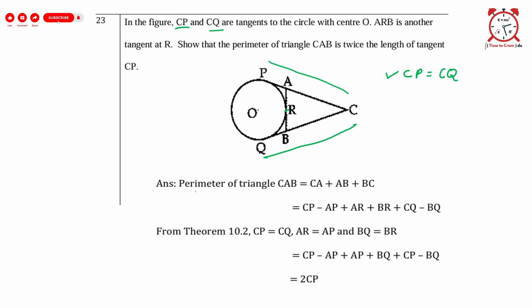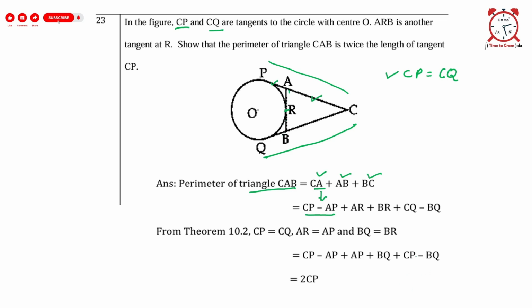First of all we will write the triangle perimeter formula. It is a very simple formula. We have to add all the three sides: CA plus AB plus BC. Now for CA, CA means only that part. So CA means CP minus AP. From CP if you subtract this AP, then you will get CA. AB is what? It is in two parts, AR plus BR.